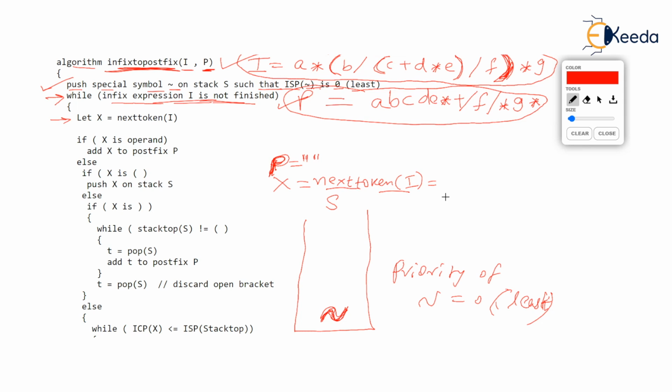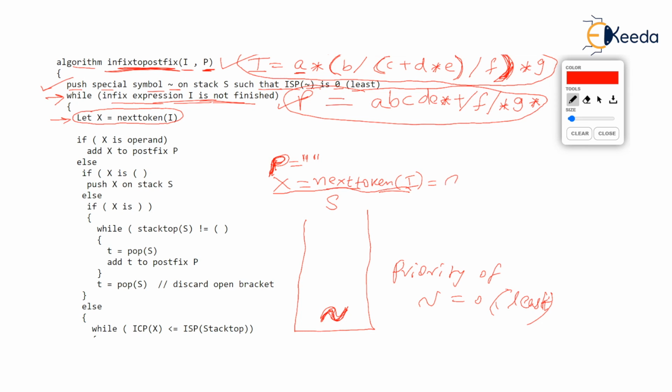X is equal to next token of I. So please keep an eye on the infix expression now. Here is the cursor. Check the cursor place. First token that will be taken is A, isn't it? So X is equal to next token of I, which is going to be A, small a.